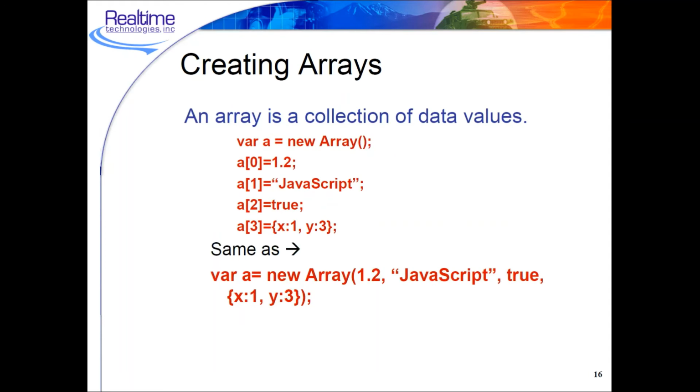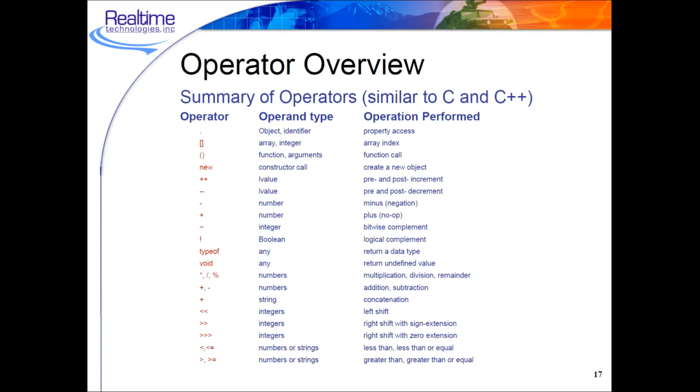An array is a collection of data values. There are multiple ways you can create an array, and as you can see here, all of these are different ways that you can create one. Either I can add an array by saying var a is a new array, and then say a[0], 1, 2, and 3 like you see here, or I can just say a equals and put all of these things in one block as an array, separating them by commas.